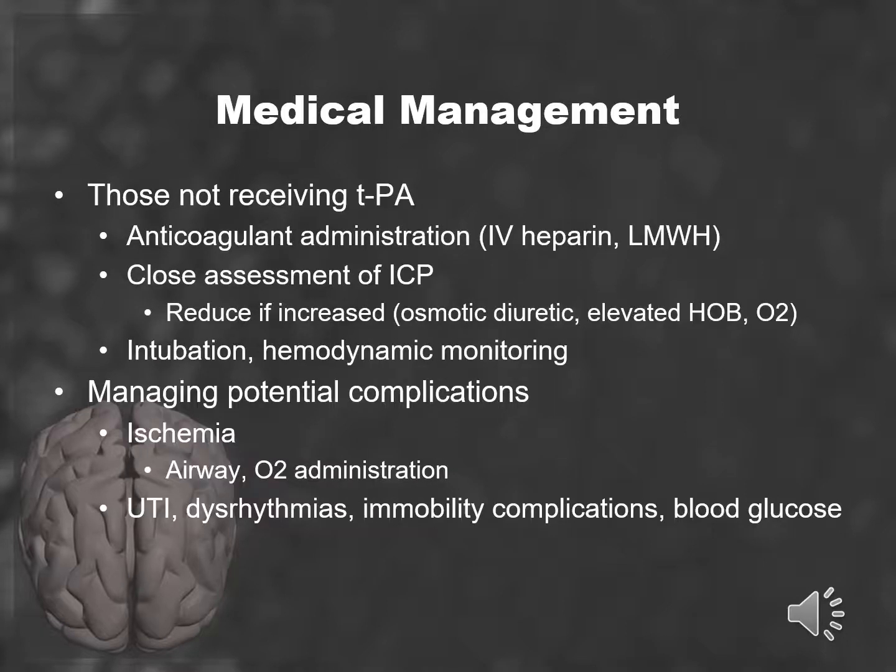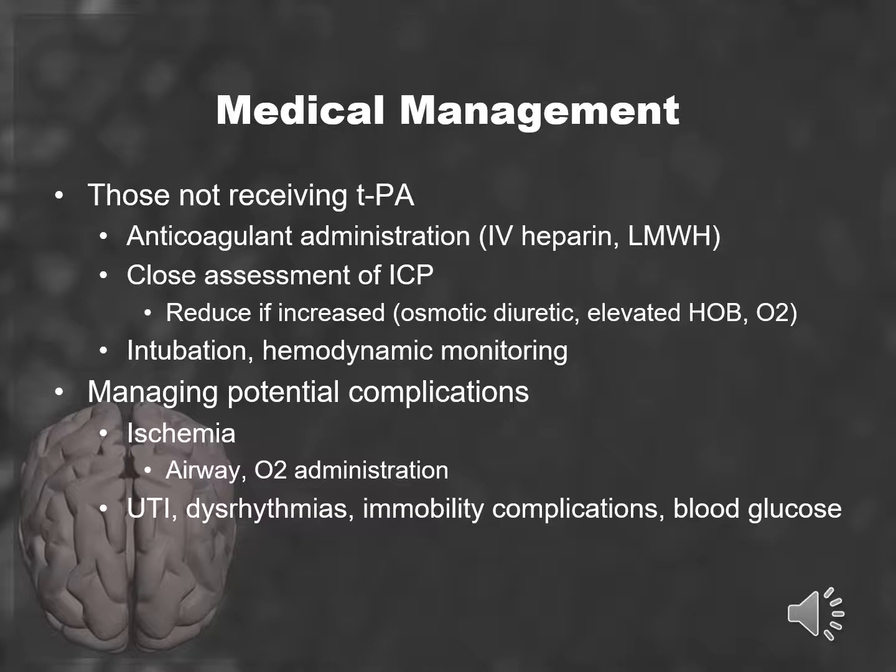For those who are not candidates for TPA, other treatments can include things like IV heparin or low molecular weight heparin to help decrease the risk for further clotting. Another thing that we're doing is very closely watching the patient's intracranial pressure. So it is common for patients to develop an increased ICP after an ischemic stroke, especially if it's very large.